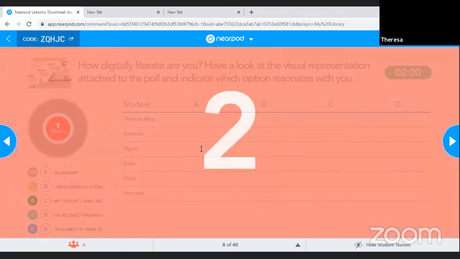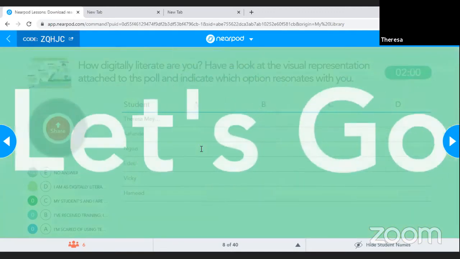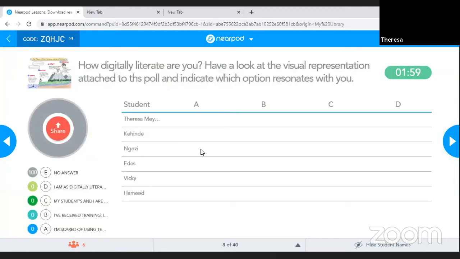On your screen, you will find a poll with some options to choose from. You will notice that you have 4 options, and in your options, you'll also see a picture attached to focus on what your digital literacy is at this stage.